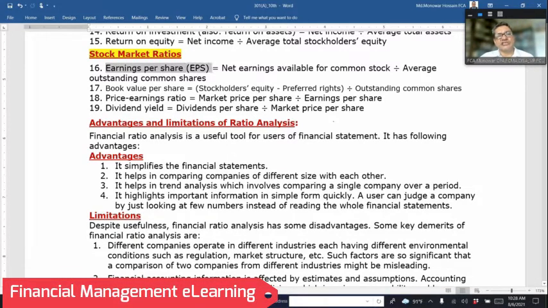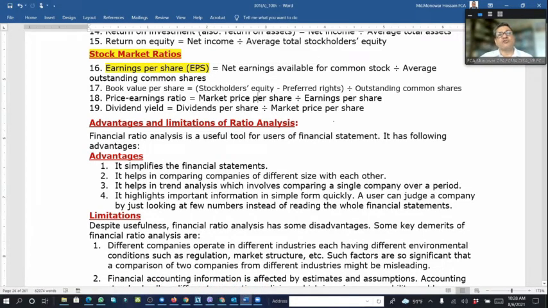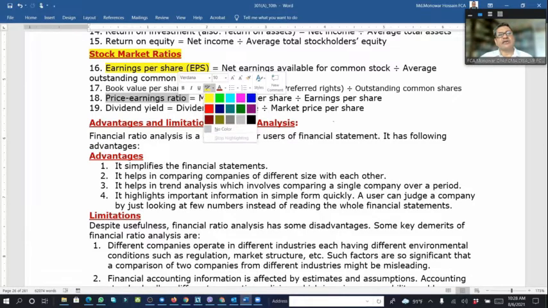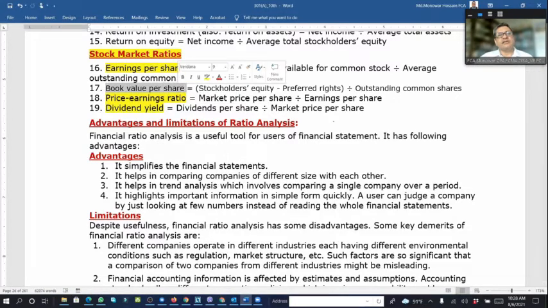You take your decision for buying or selling your share, which you have, based on the EPS, based on the price earning ratio, based on the dividend yield, etc. These are for the investors' decision making, book value per share, or operating cash flow per share, etc. So EPS we know: net income available for the shareholders divided by average outstanding common shares, and book value per share is stockholder equity minus preferred rights divided by outstanding common shares.